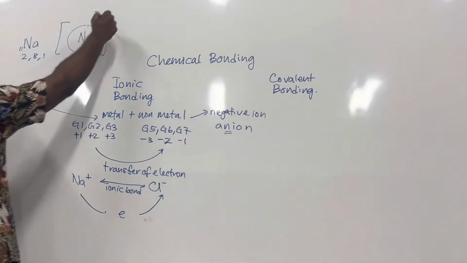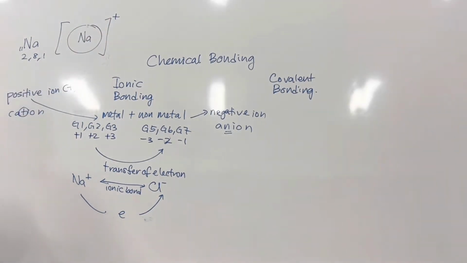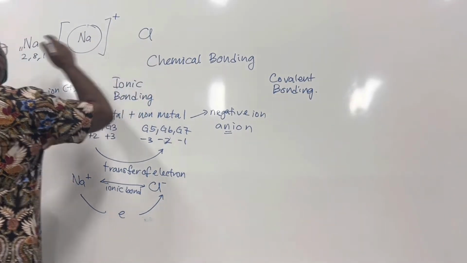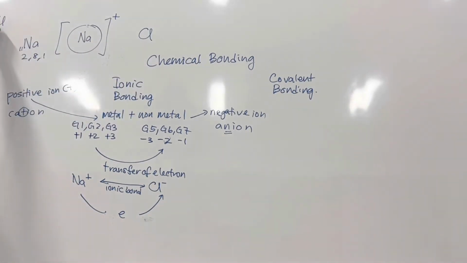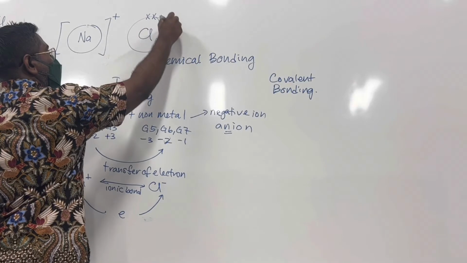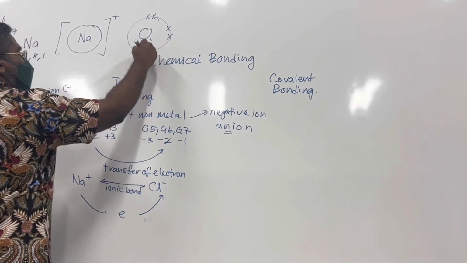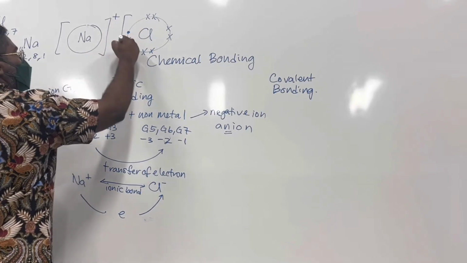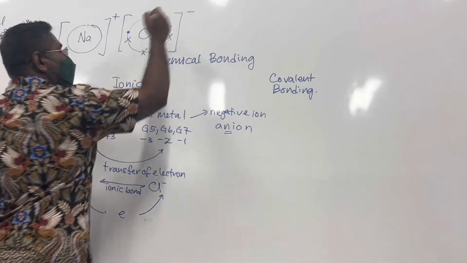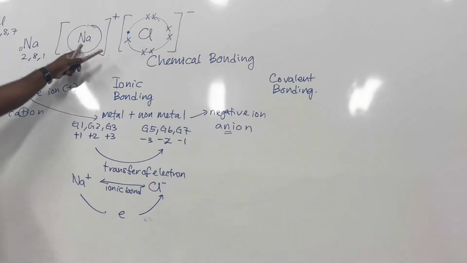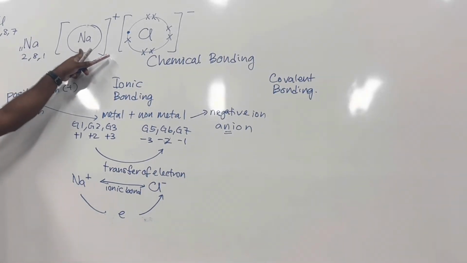They will form Na+. The Cl is 17, so 2, 8, 7. This is supposed to be 1, 2, 3, 4, 5, 6, 7. This one will come over here. They will form a negative ion, and you can leave this empty.